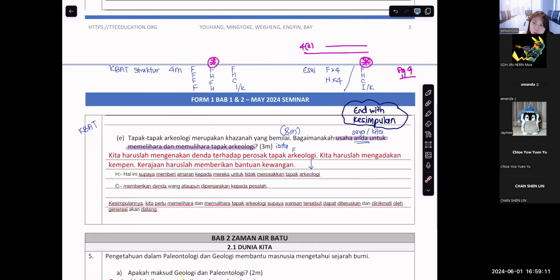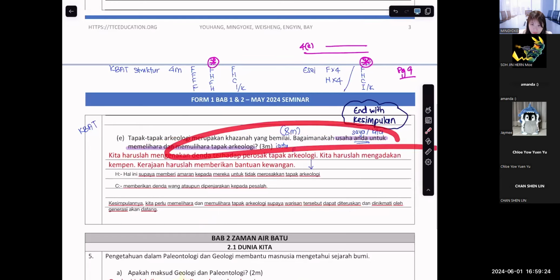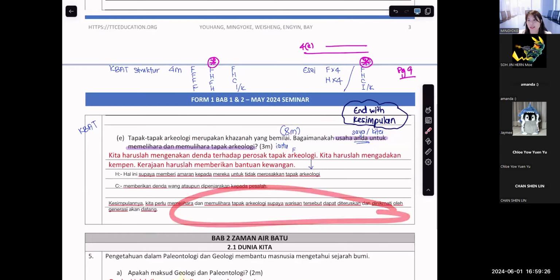Teacher, how do we write a good kesimpulan for sejarah? It's just that you write back the soalan, the kepala soalan, and then you write a kesan. Consequently, from the efforts I made, what will be the benefit? Like that.